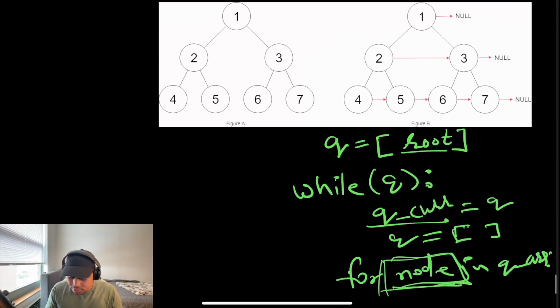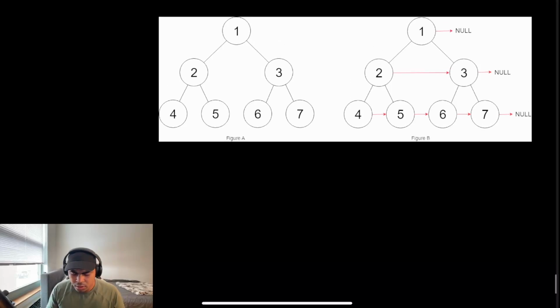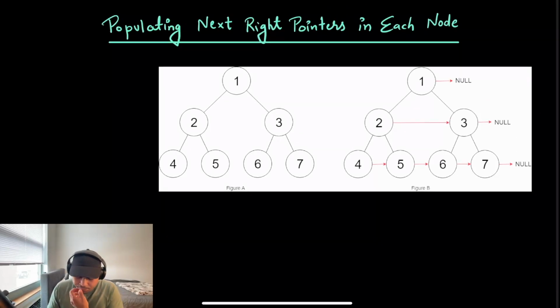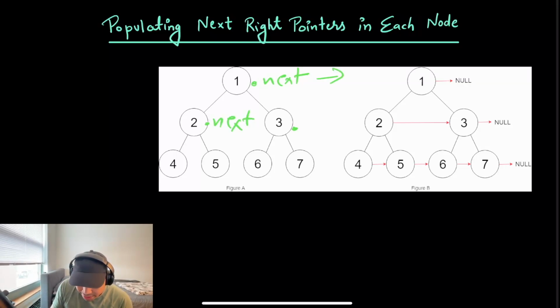Okay, so now it becomes a really easy problem in my opinion, since we will be doing a BFS. You already know about BFS. I think the reason this problem is in binary search is because it involves a binary tree, although since we need to populate each node's next pointer, we have to visit each node.